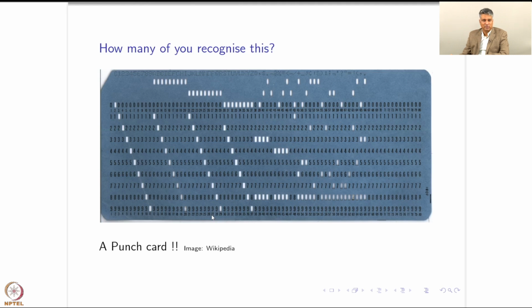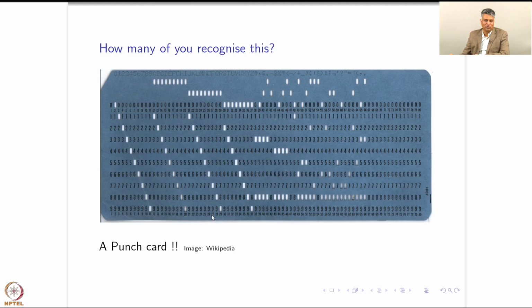So in the days gone by, before we had keyboards and other input devices and higher levels of programming languages, one had to feed in the instructions using these punch cards by punching holes which would then be read by the computer. Each program would be a stack of hundreds of such punch cards with different perforations in them.